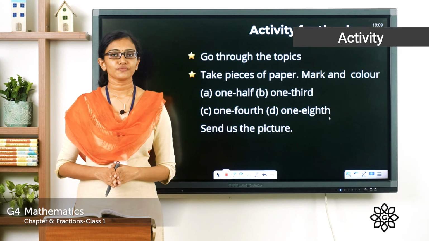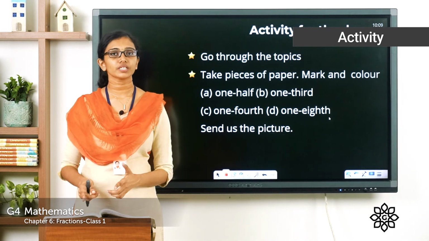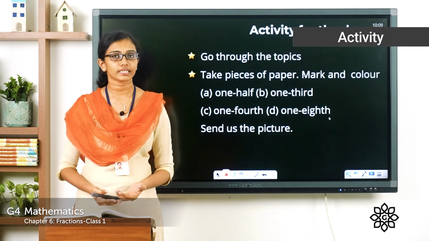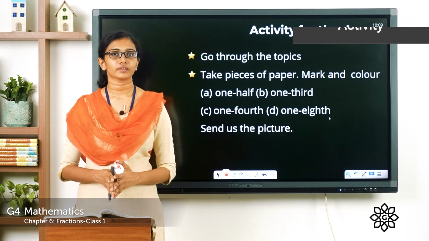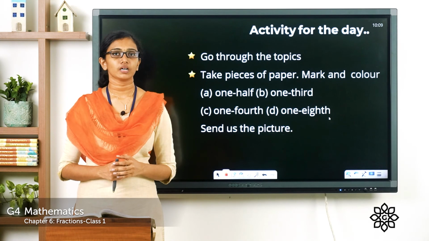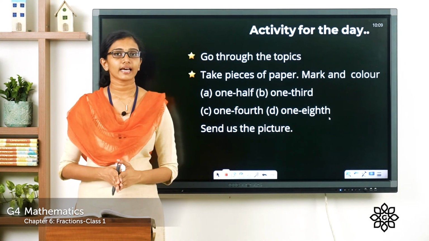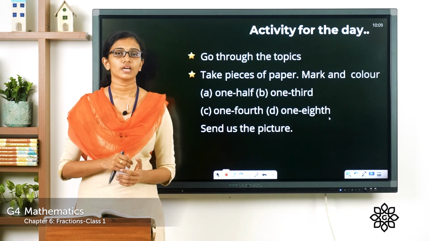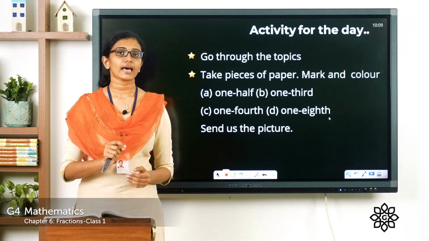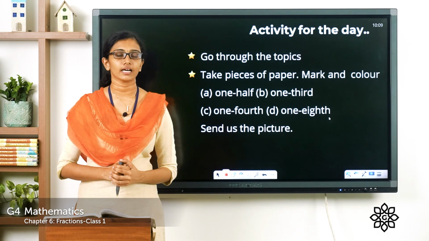So as our activity for the day, all of you please go through these topics and the exercise once again, and then take different pieces of paper. Take the first piece of paper, fold or divide that into 2 equal halves. Mark 1/2 and color that 1/2 in any color.